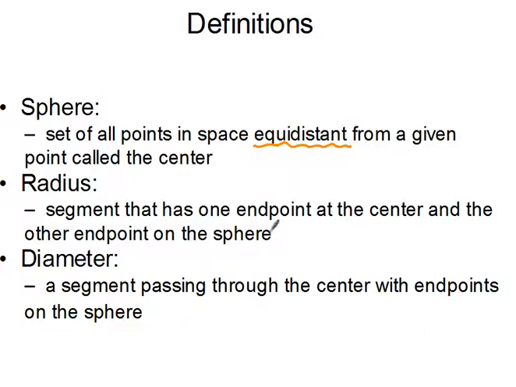The radius goes from the center of the sphere to some endpoint on the sphere. There can be infinitely many radii in a sphere, from the center to any point on the sphere. And then the diameter is just like on a circle. It's a segment passing through the center with endpoints on the sphere.